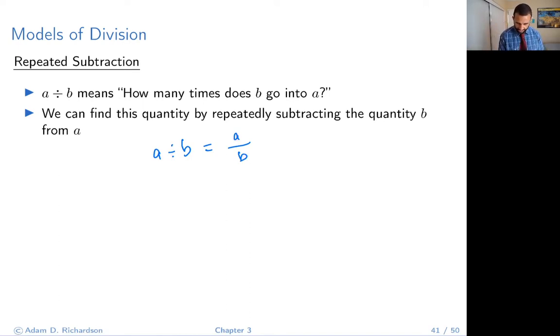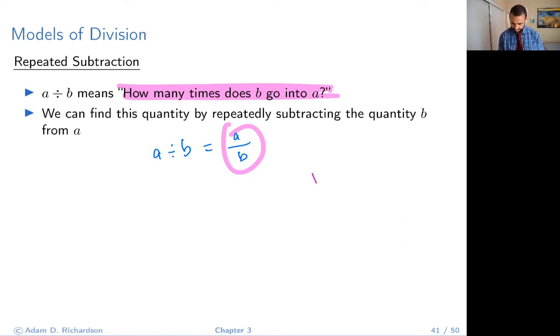Anyway, anytime you see a fraction like that, I want you to say this out loud to yourself every single time. Just trust me on that. It's going to make things make a lot more sense, and it's going to provide you a lot more profundity when you talk about division. How many times does the bottom go into the top? So let's do one like this.